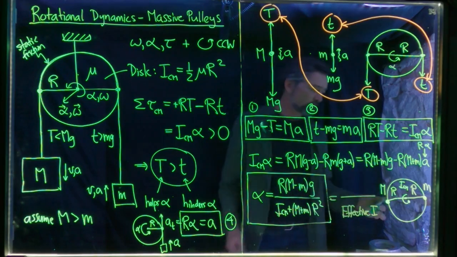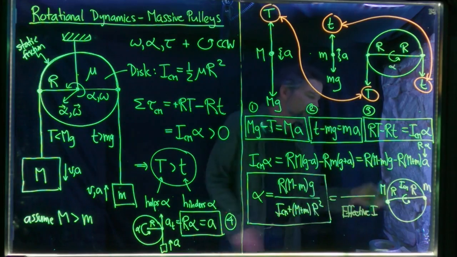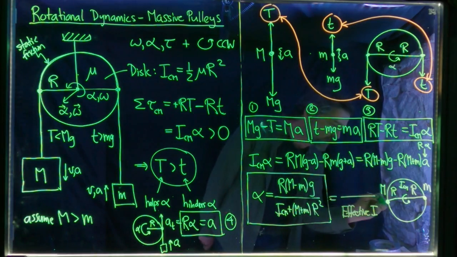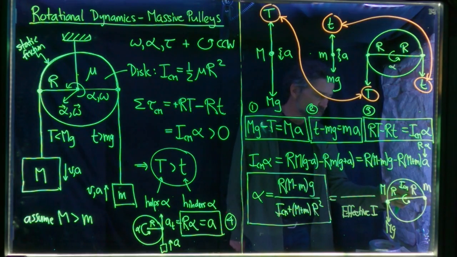What's the net torque? At this instant of time, gravity is pulling down everywhere, but it's symmetric. The only asymmetry in the problem is that we've got a mass, big M, sitting here, and gravity is pulling down with a force big Mg, exerting a counterclockwise torque of magnitude r times big Mg.